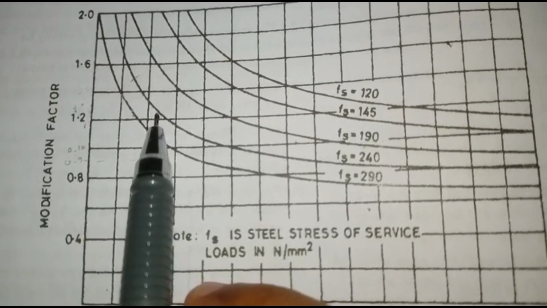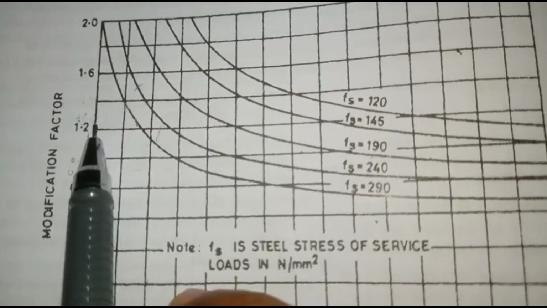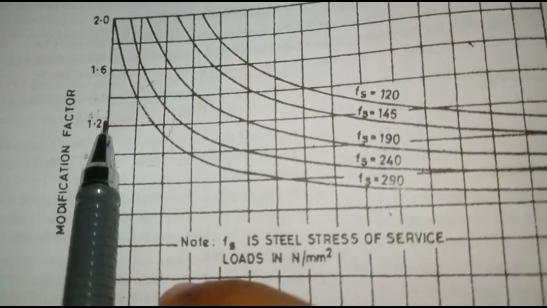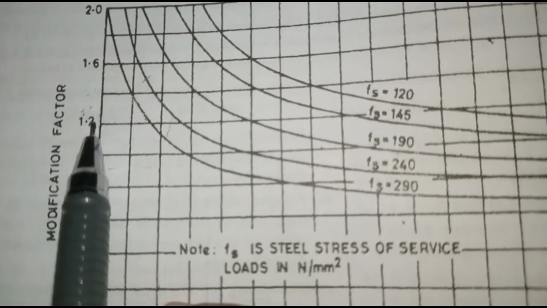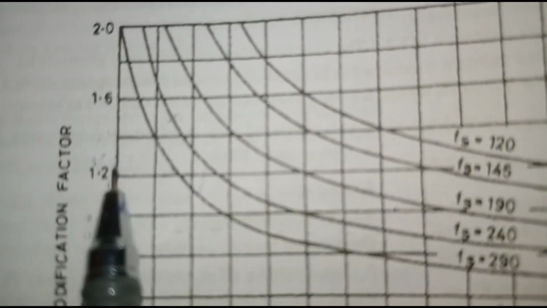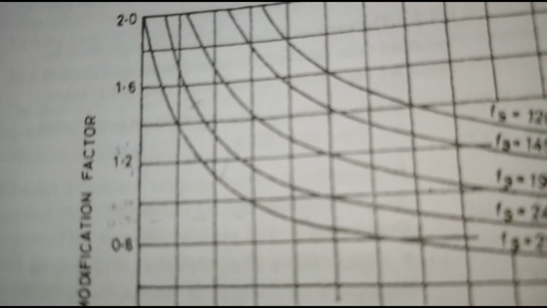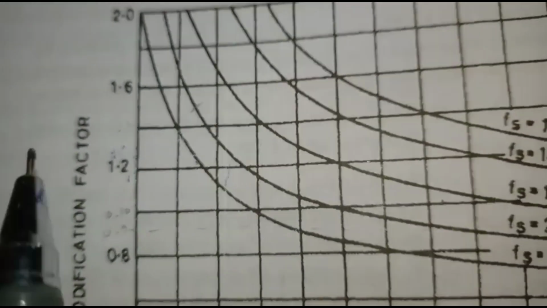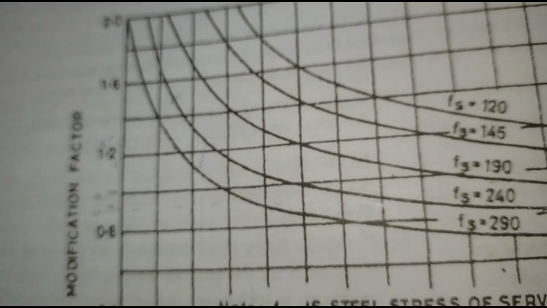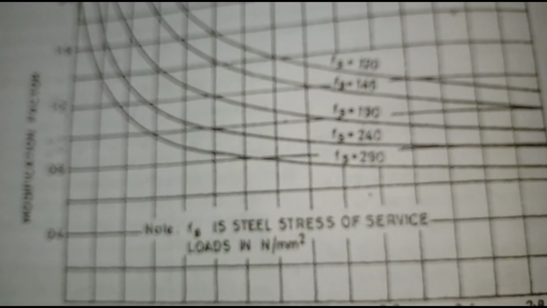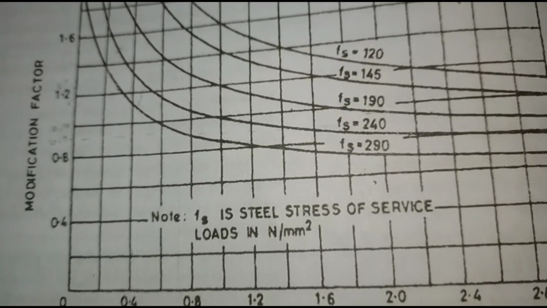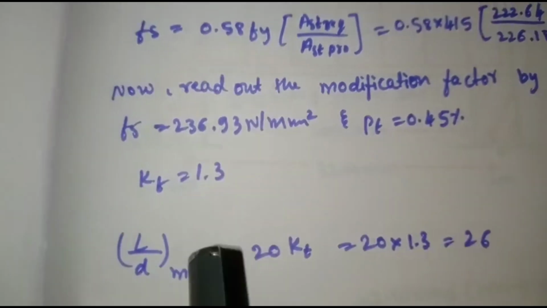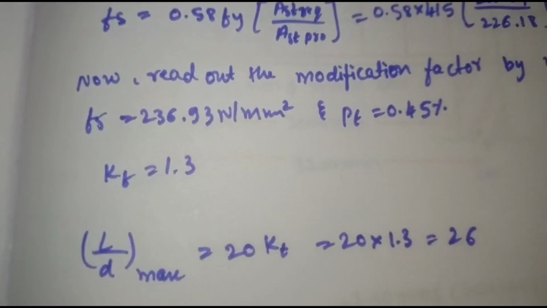It comes approximately 1.3, just above the 1.2. So this is how we calculate the modification factor. So our KT value we got is 1.3.